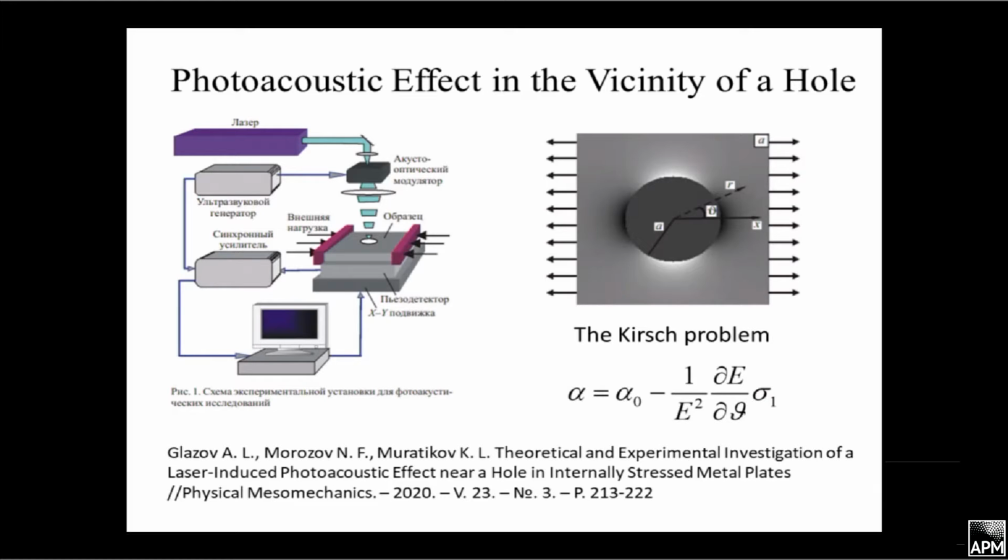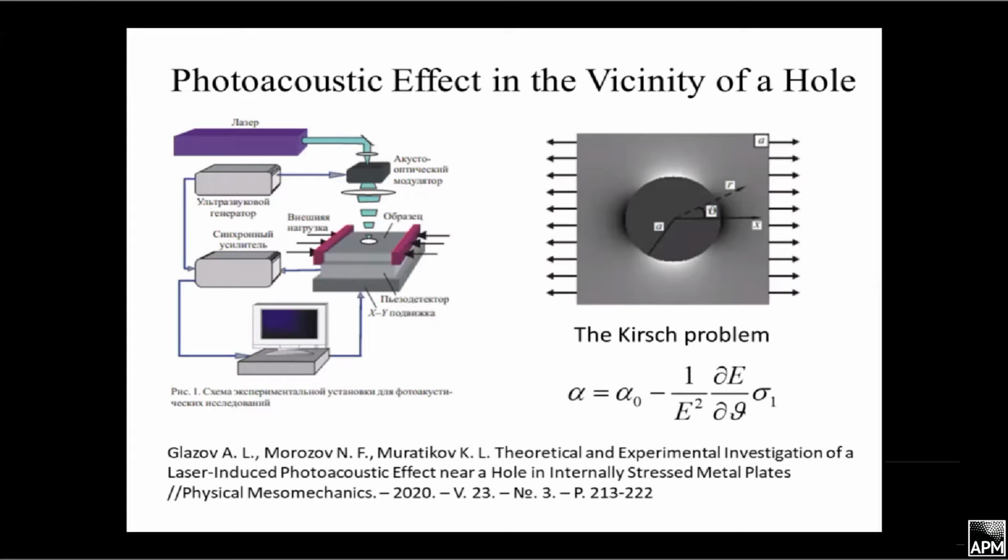In metals, you can see here the scheme of the experiments: laser radiation of the membrane. In the interpretation of the Kirsch problem, the picture for metals was opposite. I mean that in the place where we expect an increase of the linear thermal expansion coefficient, we observe the opposite picture.